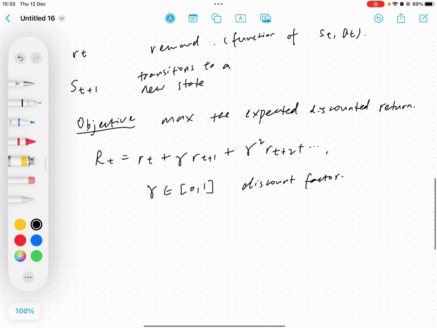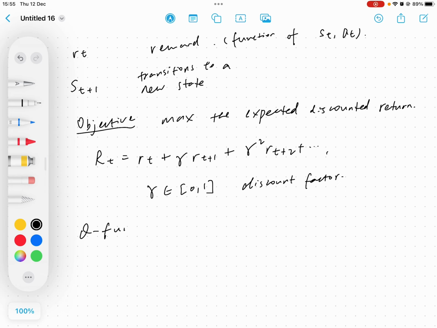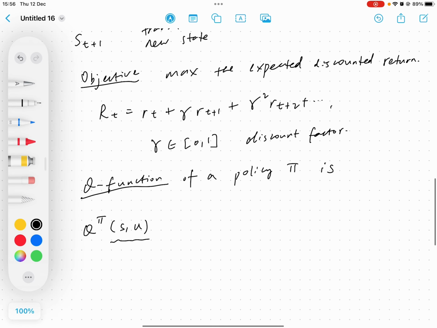Good. So now, because this algorithm is called DQN, what is the Q here? This Q function is a function of a policy pi. So that Q function is as follows. This Q^pi, if we have some state s and action u, as we had in the previous videos, is the input for the current state and action at time period t.